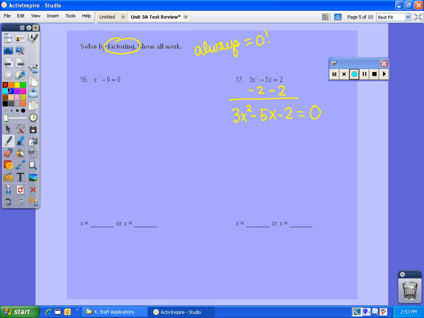And the Berry method says that I multiply the first and last, and that equals negative 6. So I need two numbers that multiply to negative 6 and add to negative 5. The only numbers that do that maybe are 3 and 2. So let's see. 3 plus negative 2 is 1. 3 times negative 2 is negative 6. Because that's 1, that's not going to work.